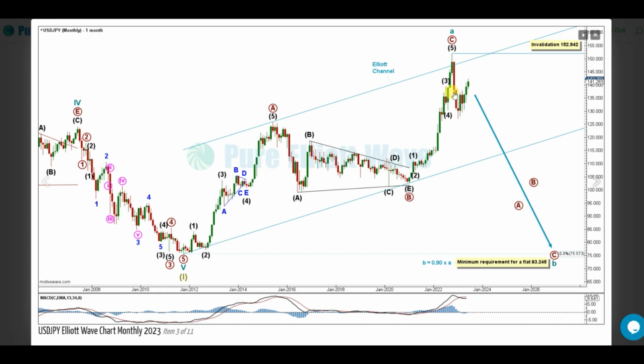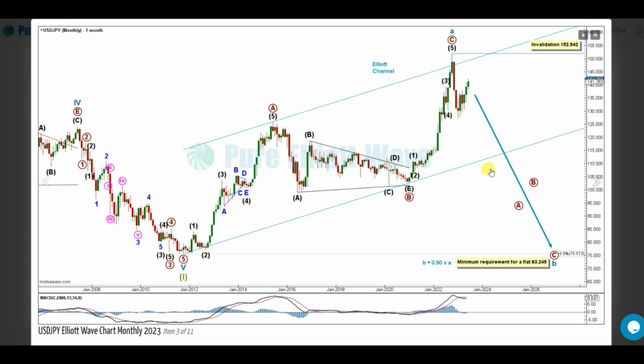And because it's on the monthly level, that adds much more significance. Every time you go up in time frame and you're seeing these patterns, the higher the time frame, the more significant the pattern. So it's a high probability that this was actually the top for cycle A, and now we're going down into cycle B, which commonly subdivides as a zigzag.